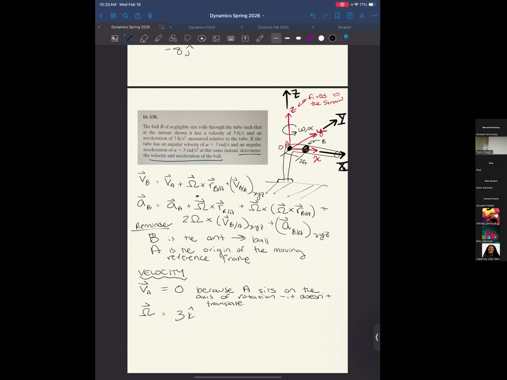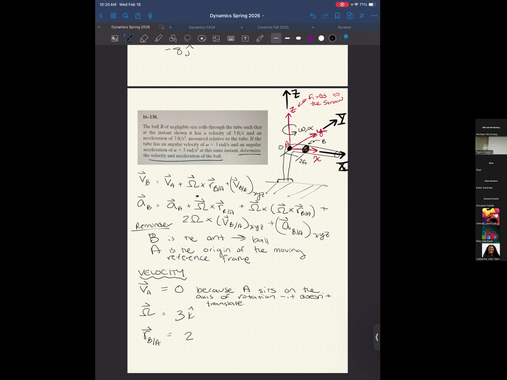And then what is R B slash A? So let's be careful about what direction it points. It goes from A to B. So absolutely it points in the positive I hat direction and it goes 2 feet.